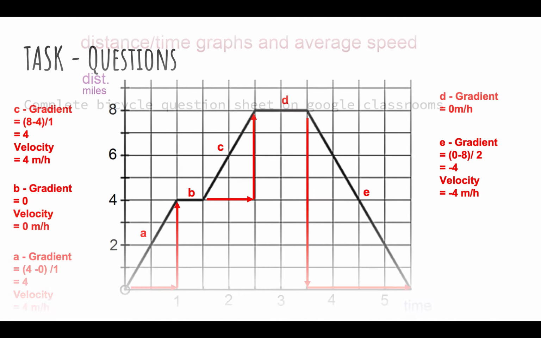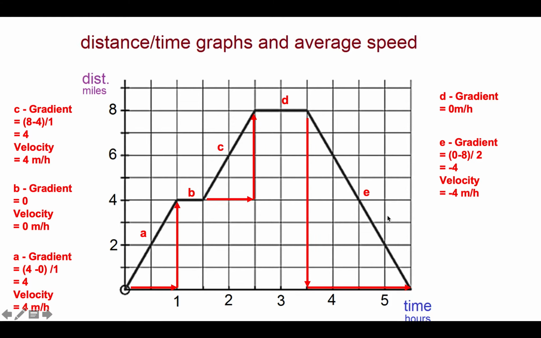If you look at section E, the change in y is minus 8 because it's gone down from 8 to 0. And the amount we've gone across on our x-axis, we've gone from 3.5 to 5.5. So the change in x is 2.